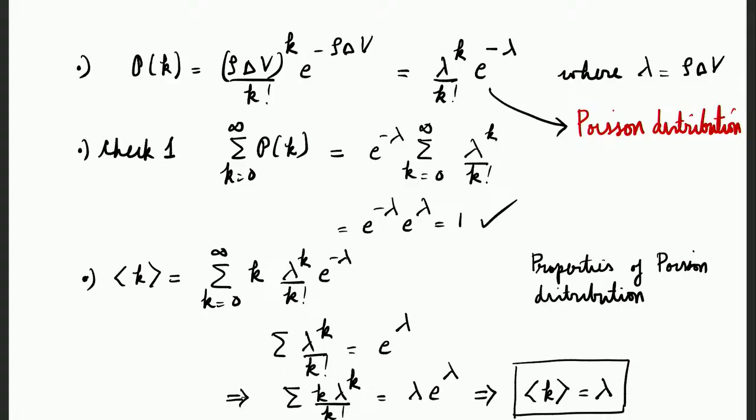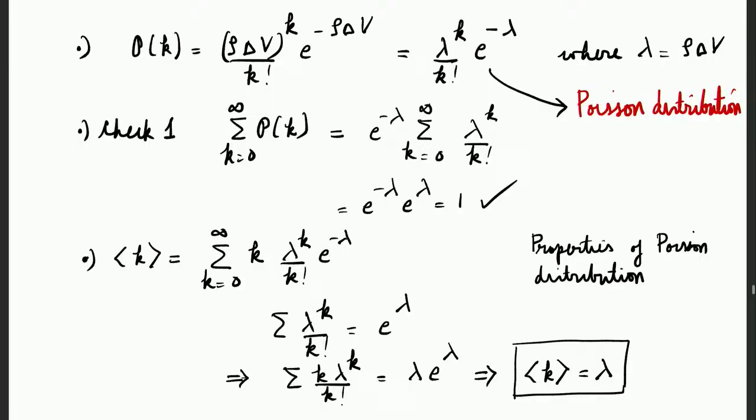So now let us derive a few things about the Poisson distribution. Given a distribution, you can either work with the full distribution, or you can compute the moments: first moment, second moment, third moment, and so on. Let me do a small calculation for the first moment and second moment.